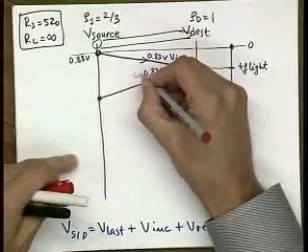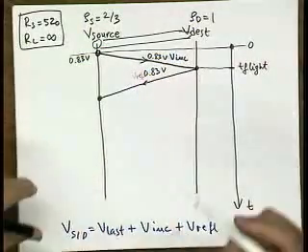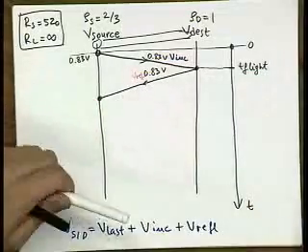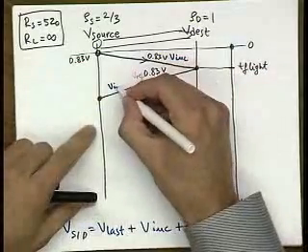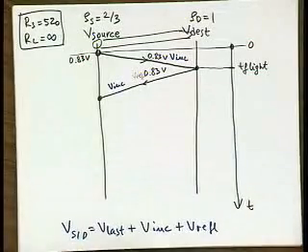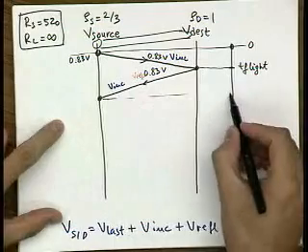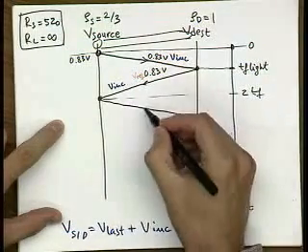This is your reflected wave over here. So now in this case your incident wave is basically the same as this one, 0.83, but since you have a reflection coefficient of 2/3, only 2/3 of that value will reflect back over here.